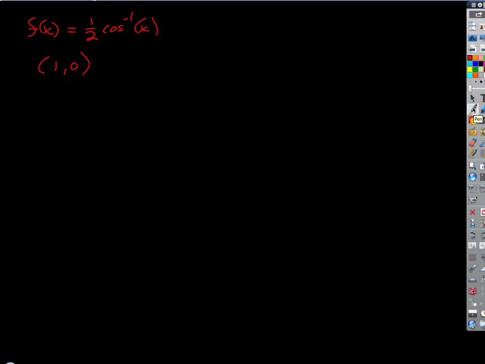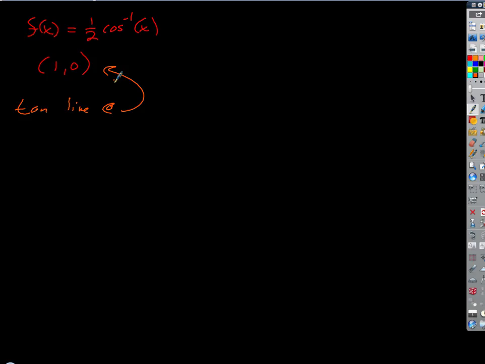Okay, so then they want to know what is the equation of the tangent line at that point. Is that what they're asking for? Yeah. Okay, so then we need to know the derivative of that function, the slope of that curve at that point.